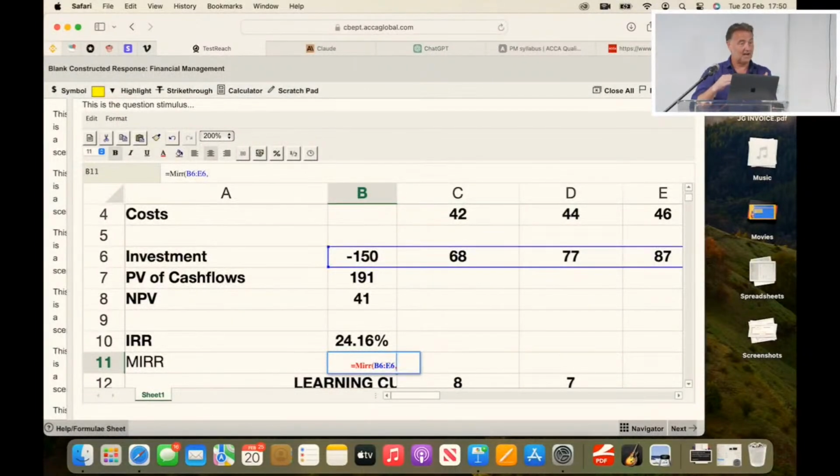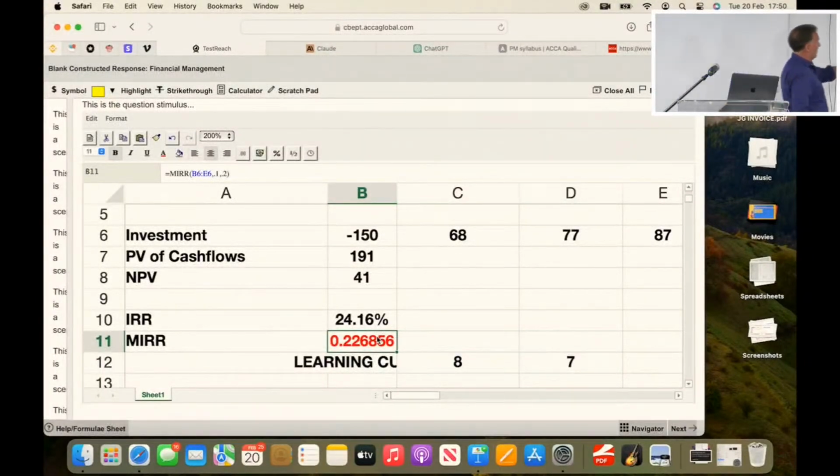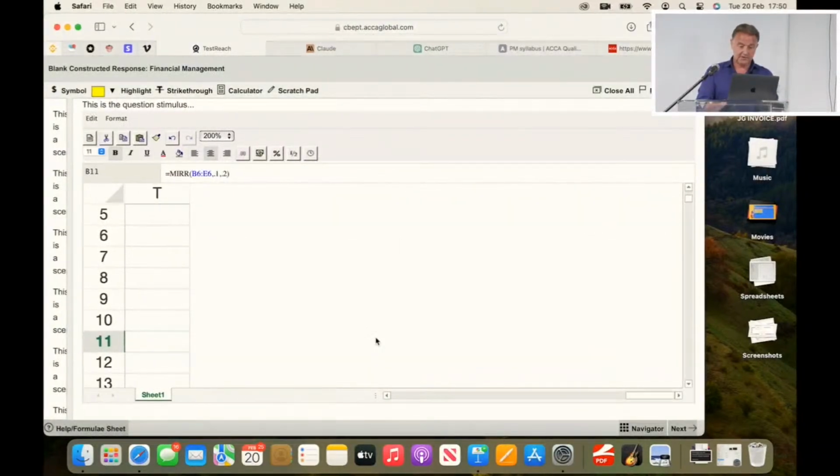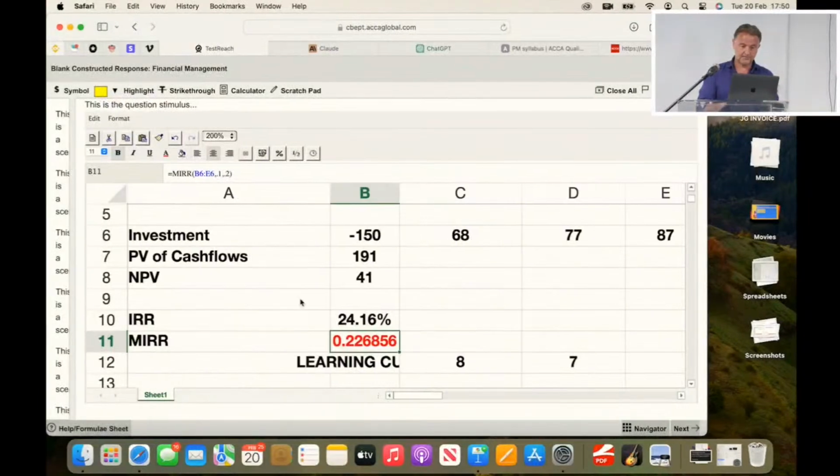The discount rate I've used in all of this is 10%, comma, but I can reinvest at 20%, 0.2. Put it all in, 0.22, that's how it'll come out. 0.22 obviously is 22.6%, with the decimal place moved across twice. Okay, so that is that really. I'm not going to spend too long on that one because it's just like IRR.